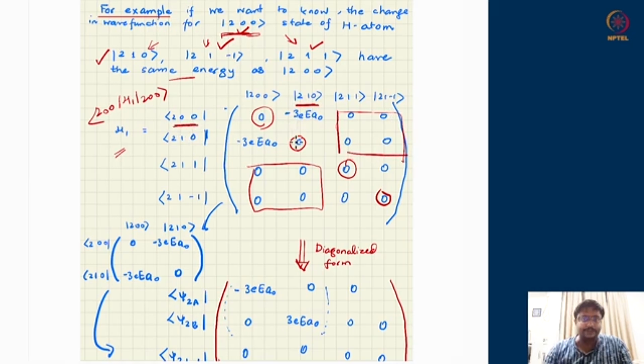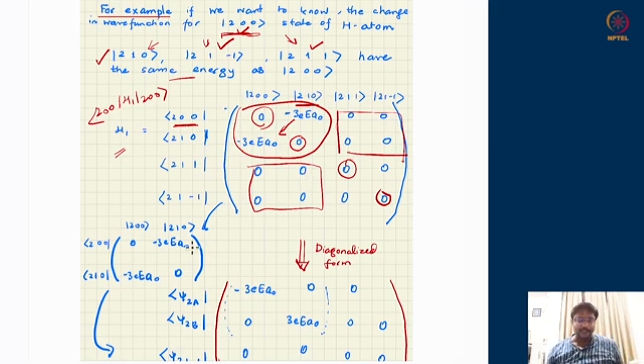That survives with a value minus 3e a naught, and its off diagonal counterpart, H1 squeezed between 200 and 210. So these are just off diagonal elements. Ultimately, apart from this sub block, the perturbation Hamiltonian is already a diagonal matrix, except for this small 2 cross 2 dimensional subblock.